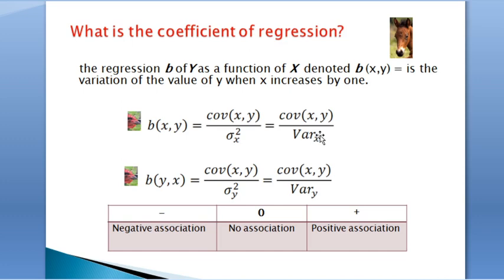Alright, let's note that the regression b of x as a function of y can also be estimated as follows, but with the covariance xy by the variance of y.